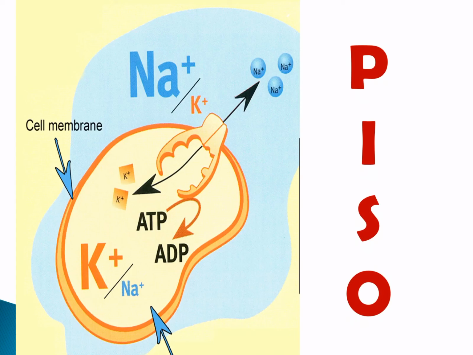On the other hand, your sodium is out, meaning most of the sodium is found outside the cell. So they are abundant in that area. Remember that one. Potassium in, sodium out of the cell.